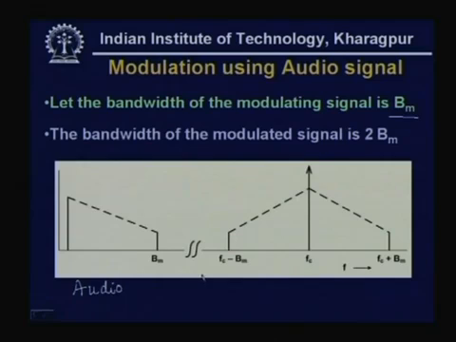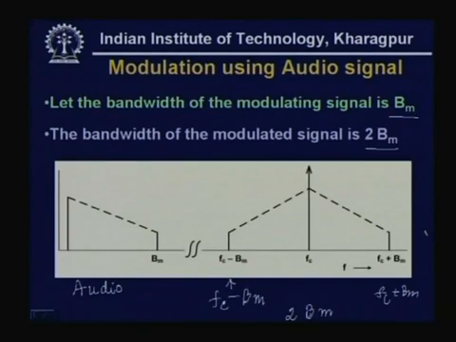Now, the modulated signal will have bandwidth starting from Fc minus Bm. So, here is your Fc minus Bm to Fc plus Bm, and as you can see bandwidth is equal to 2 Bm, that is the bandwidth of the signal. So, the bandwidth of the modulated signal is 2 Bm as it is written there.